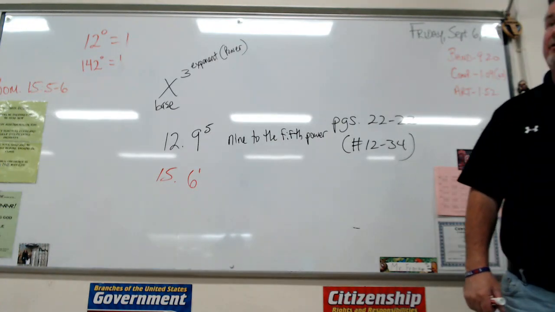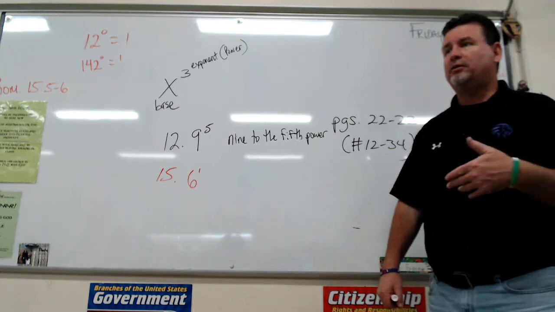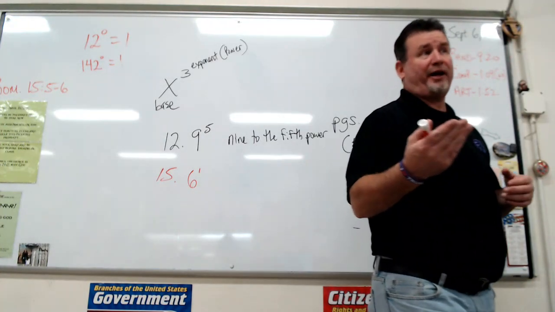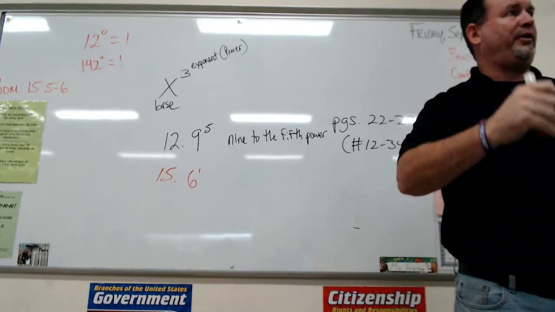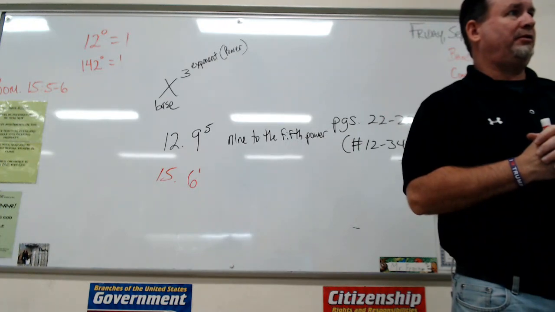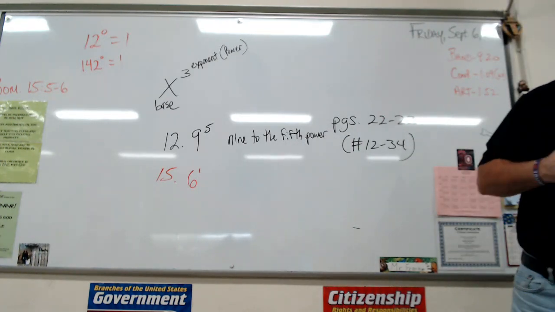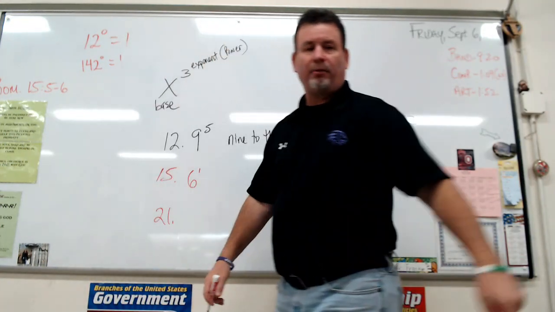Now, you have to remember when you get to number 21, your order of operations rules. So now we're throwing exponents in there. PEMDAS: parentheses, exponents. What do you have to do first in number 21?